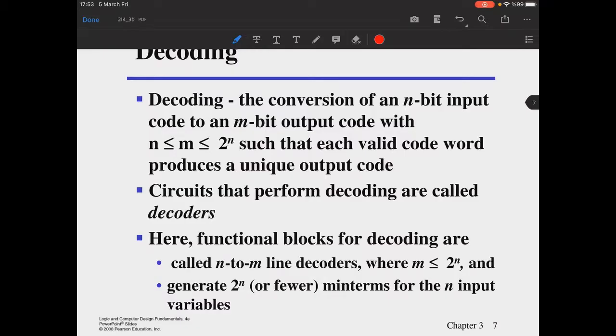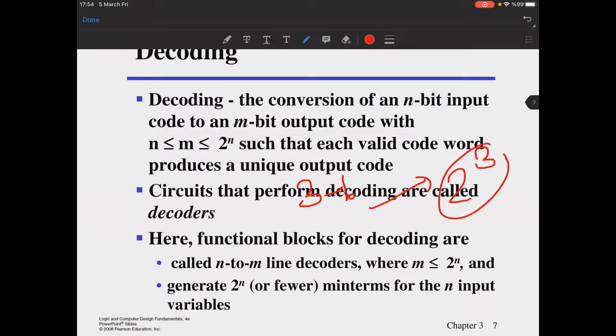So decoding is the conversion of an n-bit input code to an n-bit output code. So it means that if you have, let's say, a 3-bit code like this, you can represent them in up to, let's say, 8 different output decoded strings of information.